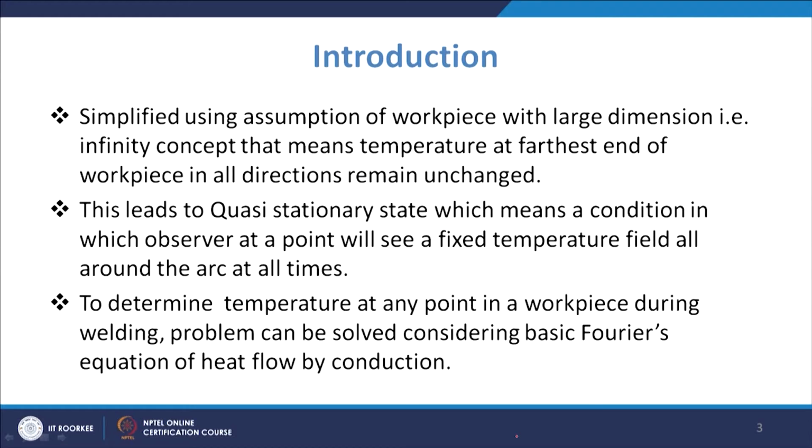So you will have a temperature distribution pattern, and that is another simplifying assumption. That leads to what we call the quasi-stationary state, which means a condition in which an observer at a point will see a fixed temperature field all around the arc at all times.